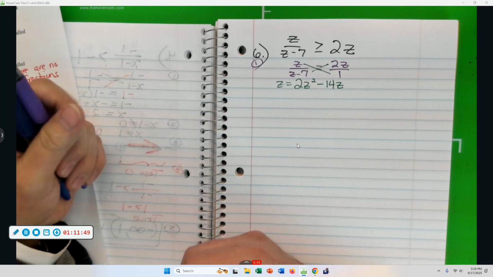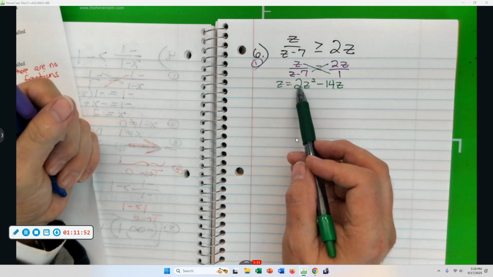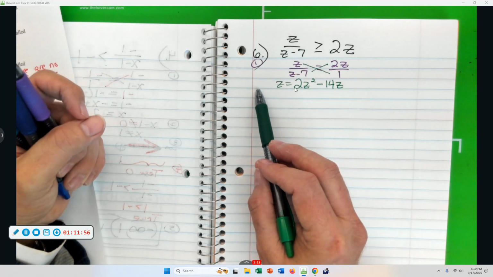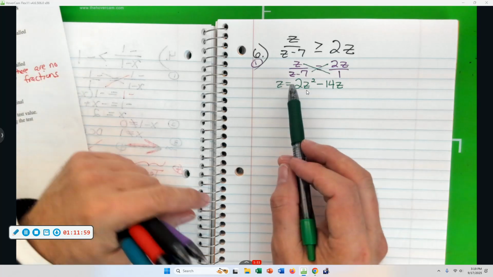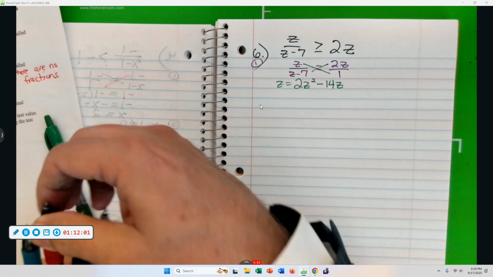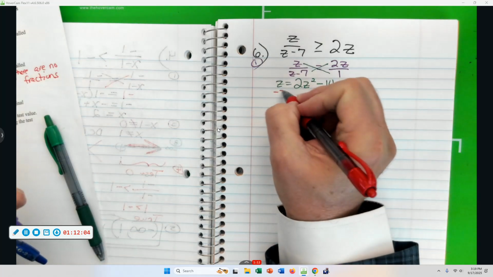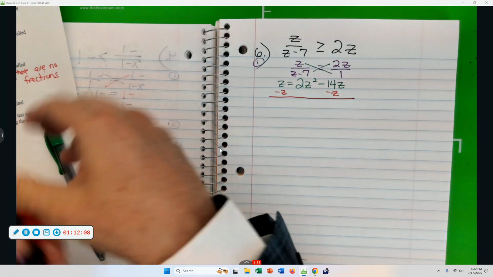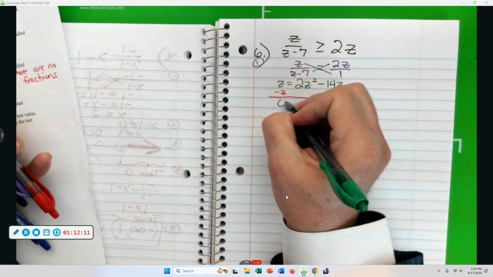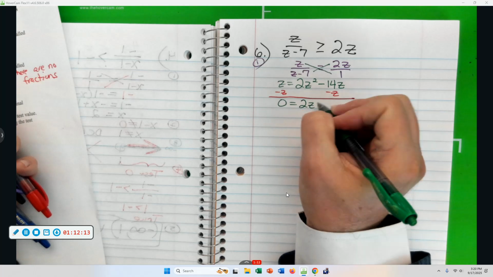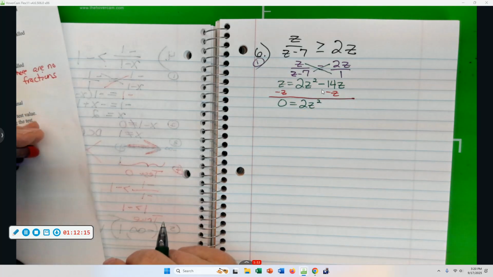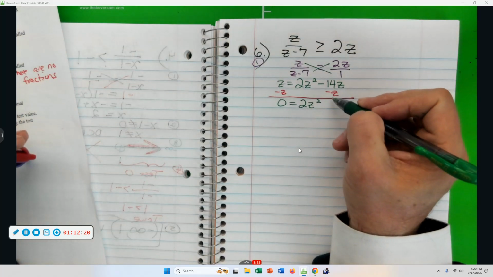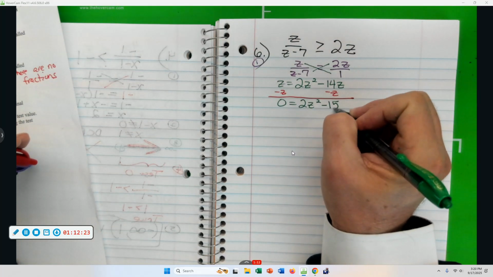I'm not going to pick up that 2z squared and move it to the left, because it would become a negative 2. So I'm going to subtract the z from both sides: minus 1z, minus 1z. So we have 0 equals 2z squared, and minus 14 minus 1 is a minus 15z.